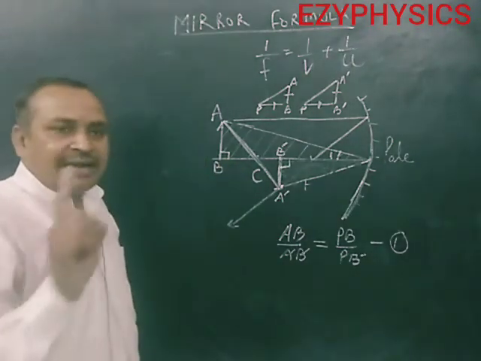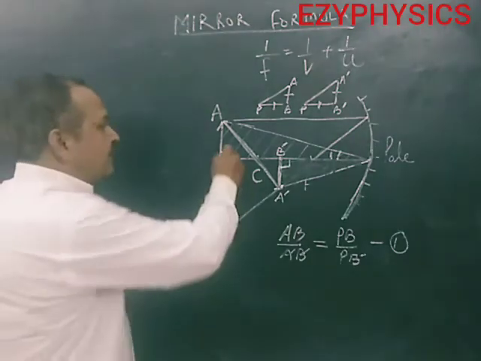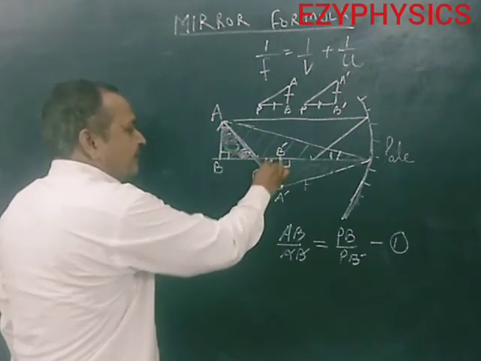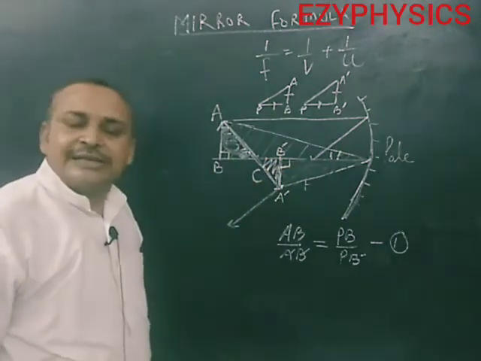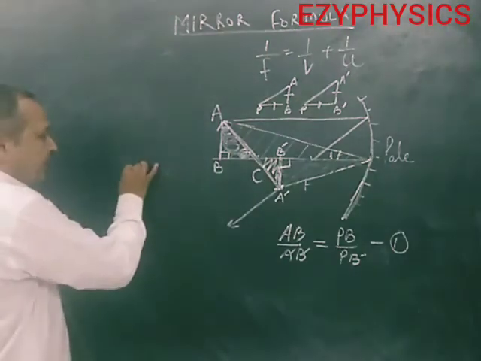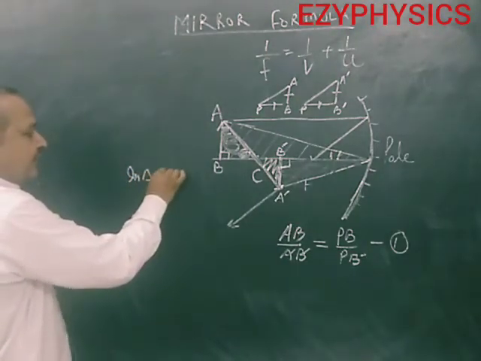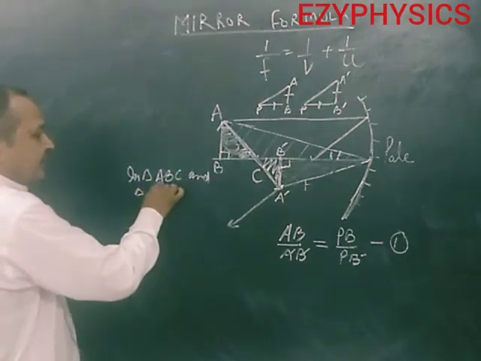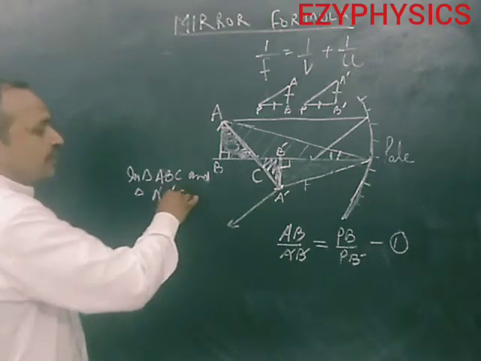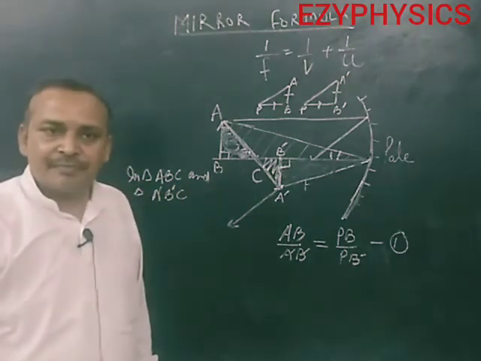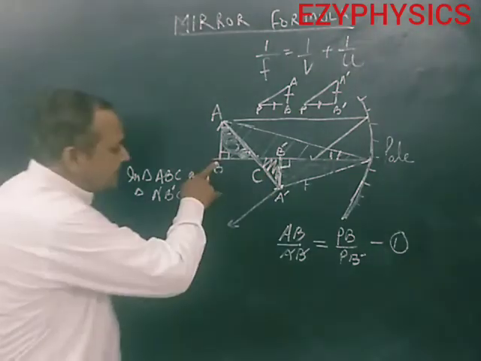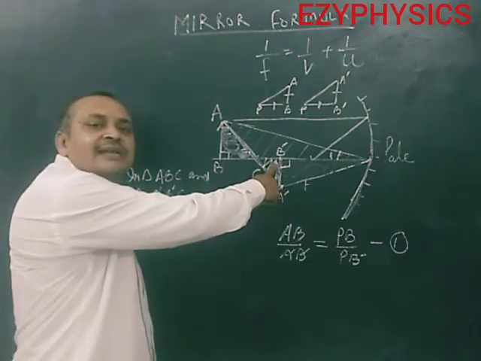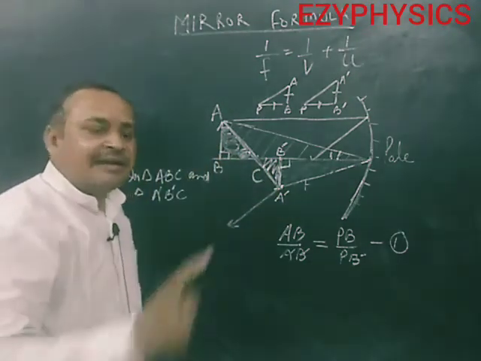Any doubt? So I have got another pair of triangles, first this and the second one this. Is it clear, my dear friends? So what are we going to write? In triangle ABC and triangle A'B'C, again this angle B and this angle B' are both 90 degrees.